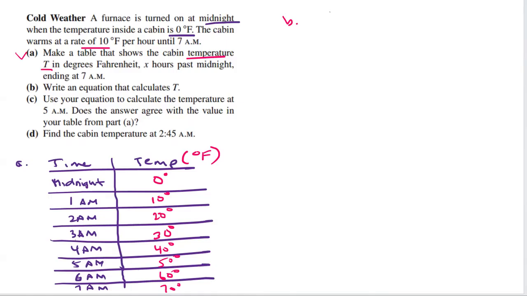We can notice that if I multiply 10 every time, so 10 times 0 is 0, 10 times 1 is 10, 10 times 2 is 20, 10 times 3 is 30, so on and so forth. So that means our temperature equation is going to be T is equal to 10x, right? Because T is in degrees and x is the hours past midnight.